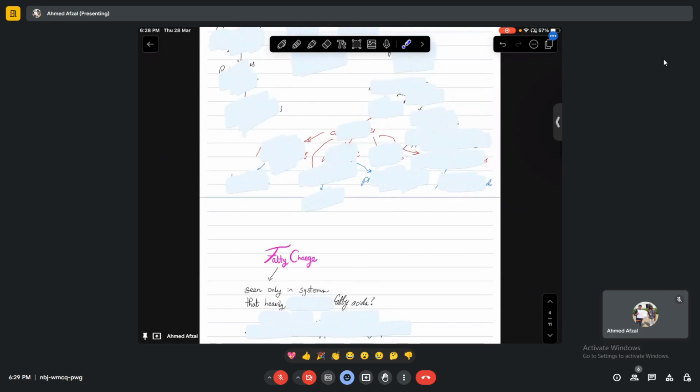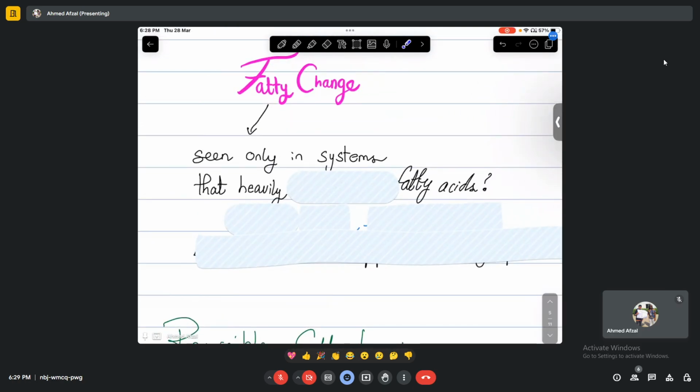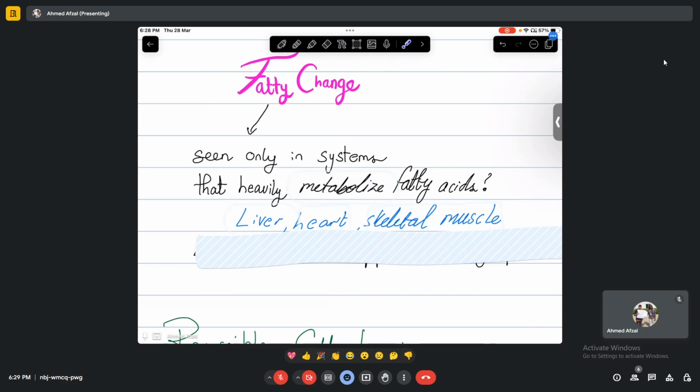So can anyone tell me what is fatty change? And where does it happen? Heart, liver, skeletal muscles, that heavily metabolize fatty acids. Awesome.